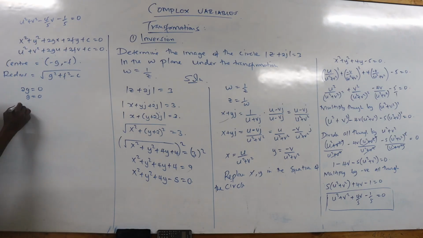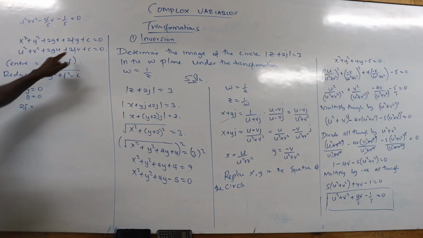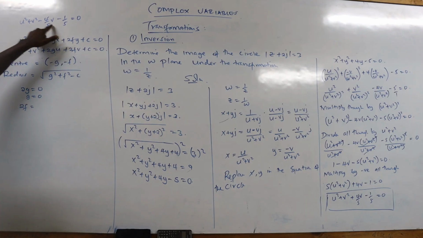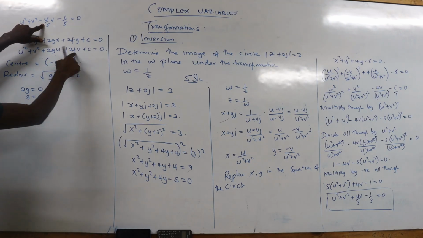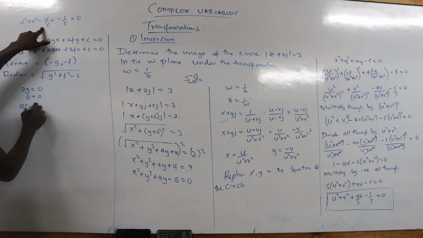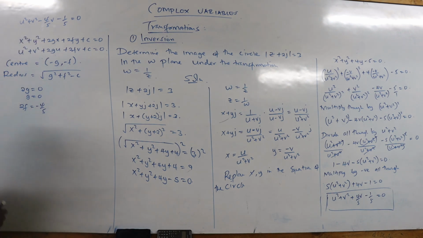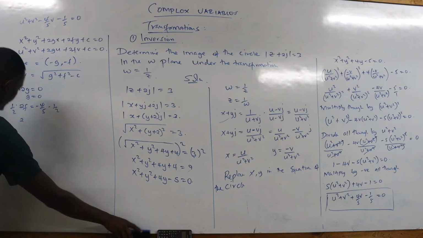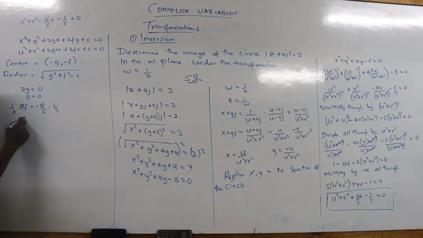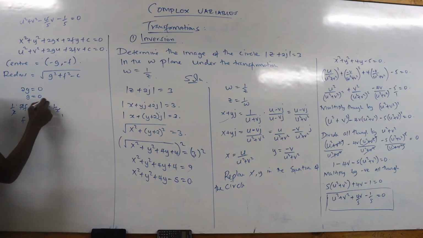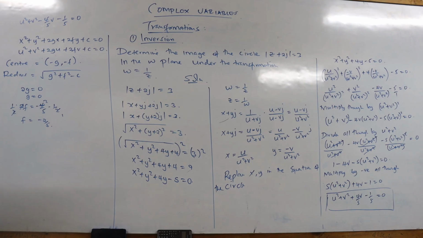Then you come to the second, 2f. Now we know our 2f should compare to what we have in v. So what do we have at v? The 2f here compares with this value, negative 4 over 5, right? So multiply both sides by 1 over 2. So f equals 1 by 2 times negative 4 over 5, so we have negative 2 over 5.